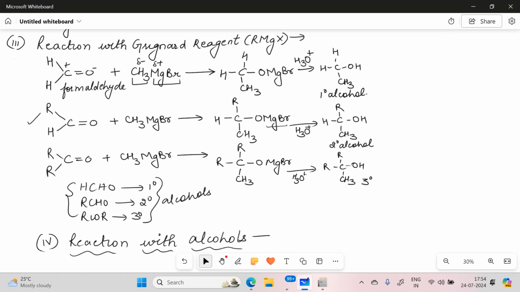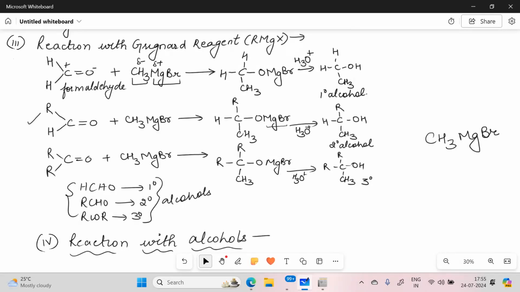For the charge distribution on Grignard reagent, in our alcohols notes we've written that the halogen will have the negative charge in CH3 and Mg is positive. Won't the halogen have the negative charge?